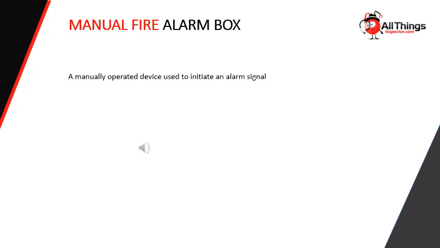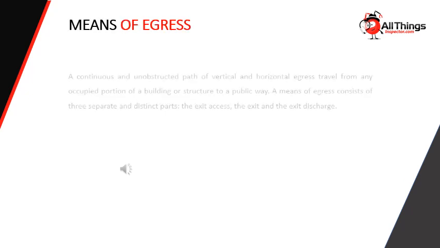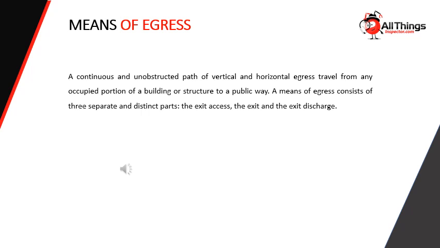A manually operated device used to initiate an alarm signal. Means of egress. A continuous and unobstructed path of vertical and horizontal egress travel from any occupied portion of a building or structure to a public way. A means of egress consists of three separate and distinct parts: the exit access, the exit, and the exit discharge.